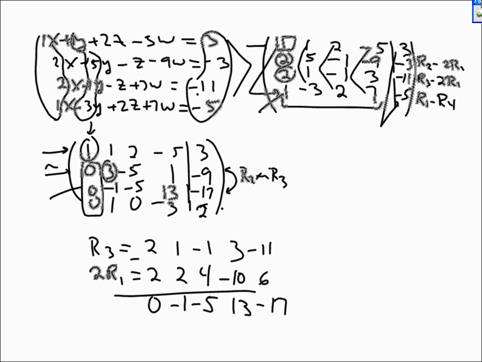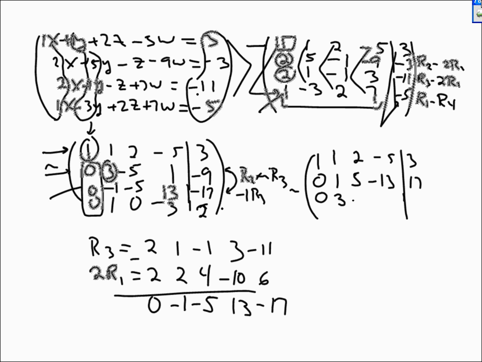And I'm also going to multiply row 3 by negative 1. So the first row does not change. The second row becomes row 3 multiplied by negative 1. The third row becomes row 2. And the last row stays the same.